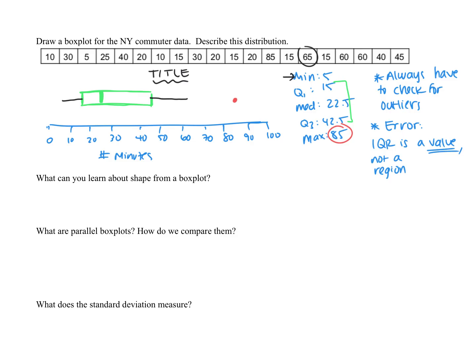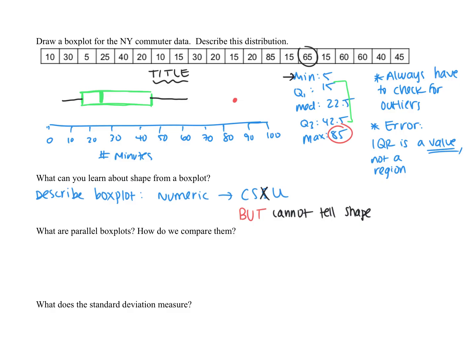Okay. When describing a box plot, what you should be thinking is, this is numeric data. I've already done that. I know with numeric data, I'm going to do CSSU. There is one big exception here, and that is you cannot tell shape from a box plot.